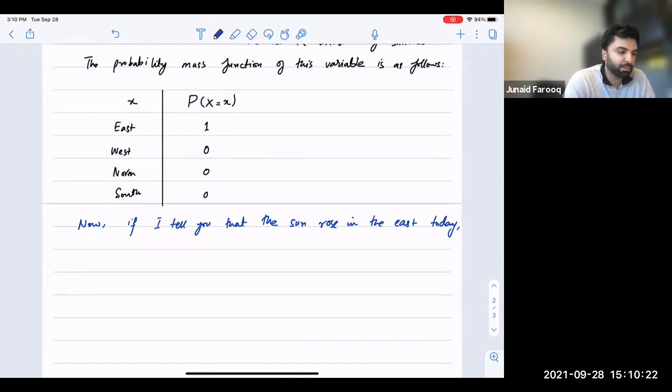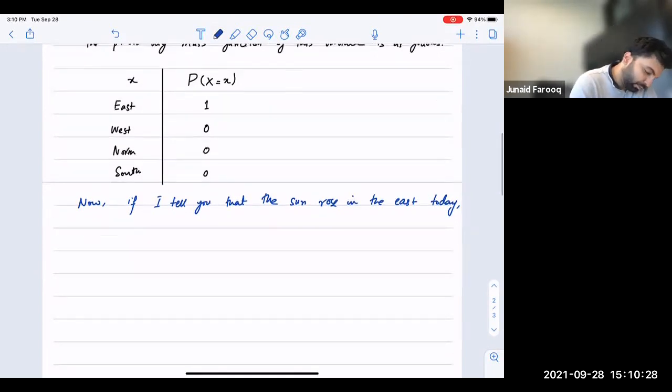I mean, you already knew that. It's a certain event. So there is no information gained, and the reason is because it's a certain event.